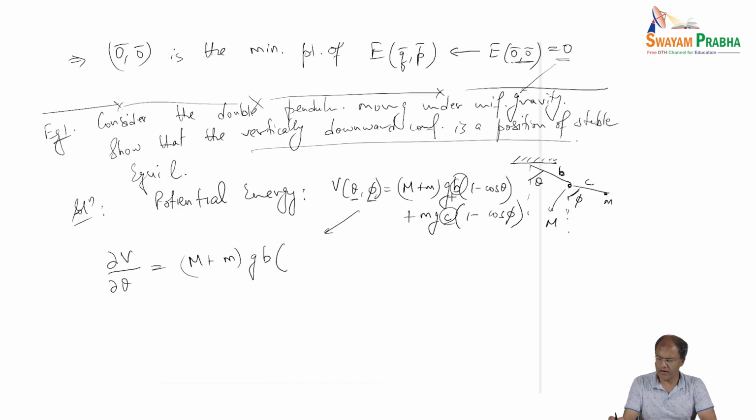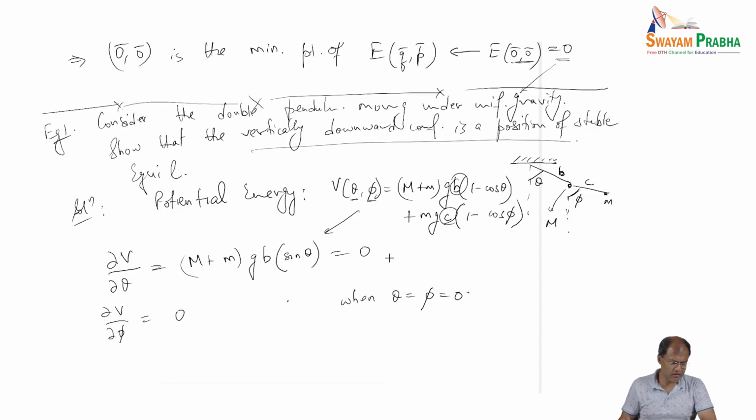B and C are constants, the lengths of the strings attached to the support with the mass and between the two masses. So g b sine theta is 0, and partial V partial phi is 0, when theta is equal to phi is equal to 0. Right, so this is the case.